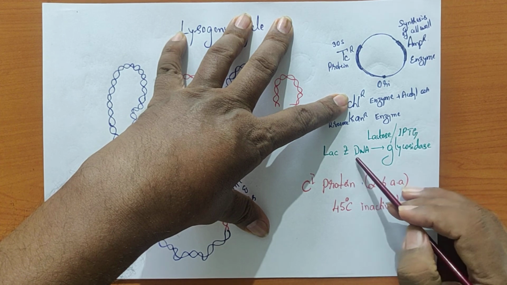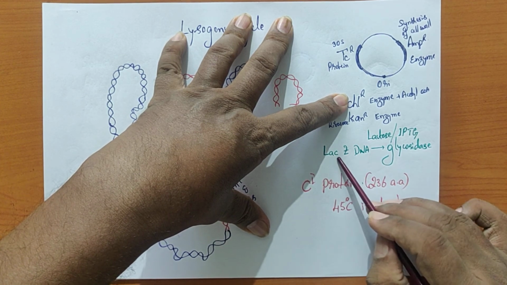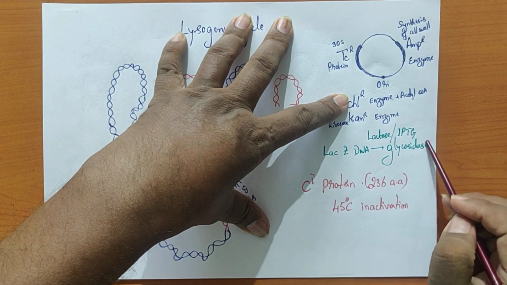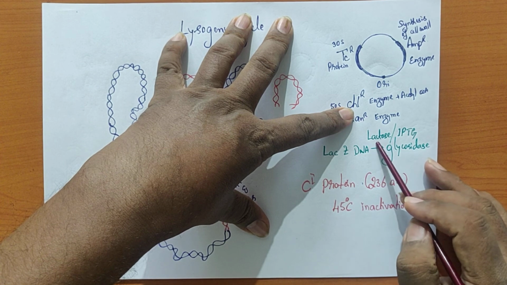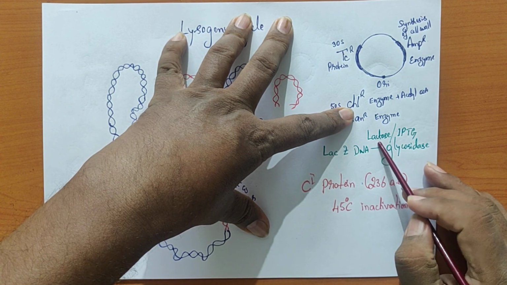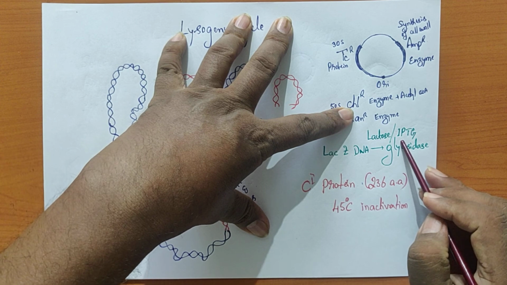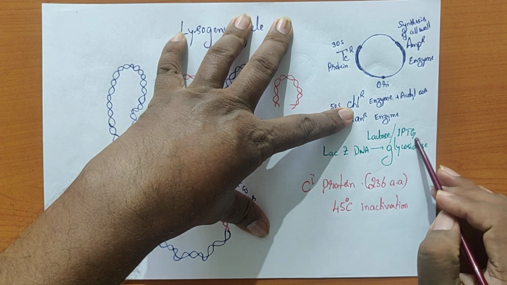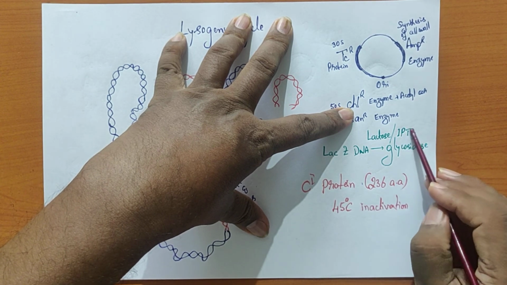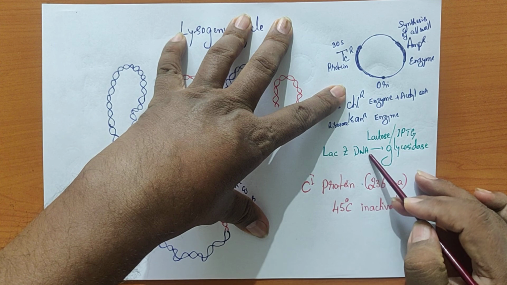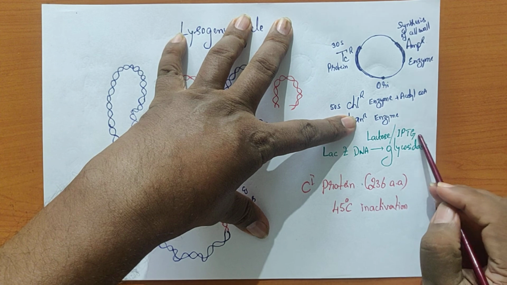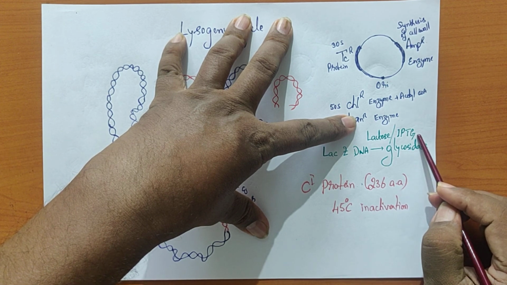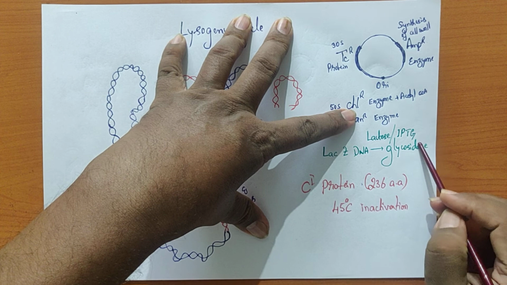So even if you have the lac Z DNA, the promoter is in our control so that we can regulate it. We also discussed in detail that we don't use lactose as a positive modulator, but we use an analog, that is IPTG, isopropyl thiogalactoside. If you just add this IPTG, then we can initiate the lac Z DNA. Here we have to include IPTG into the medium to have the function.